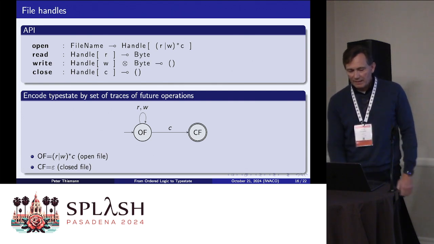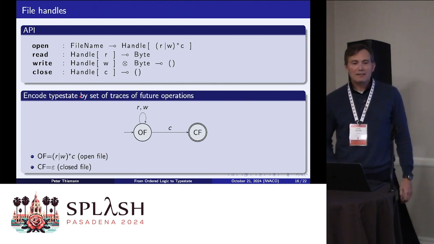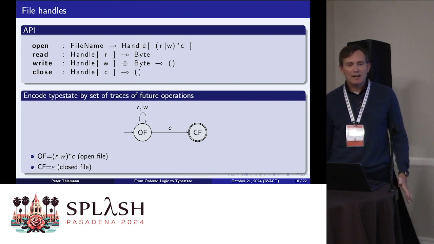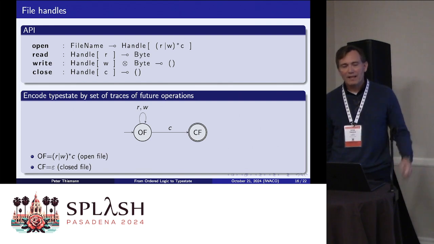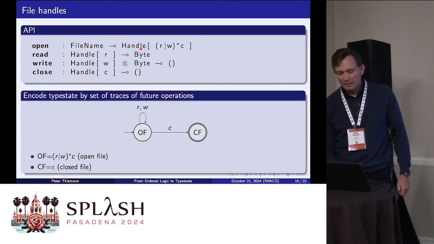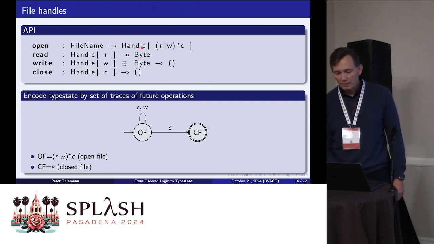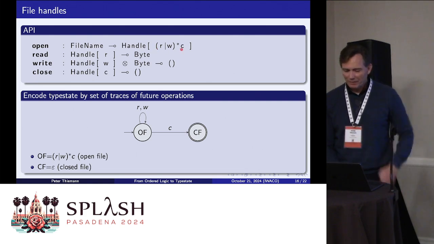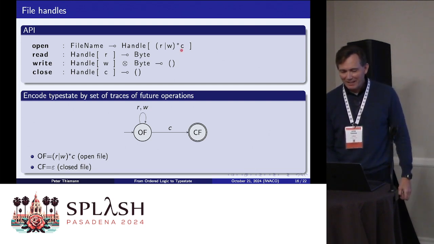To do that, we are encoding type state essentially by the set of traces of future operations that are admissible on the handle. So if you look at the handle type that is returned by open, if you remember the last session, I think Colin talked about capabilities.